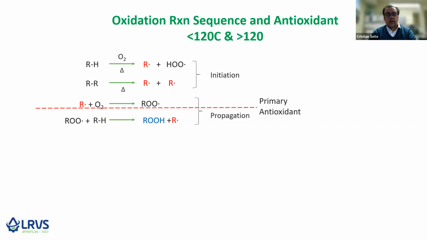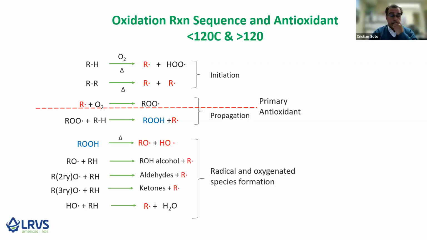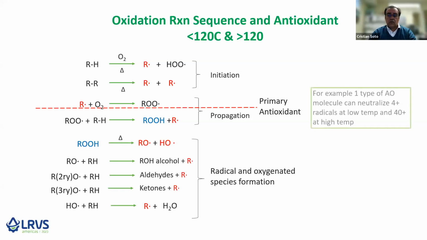Now, upon further heating, once these peroxy radicals are formed, a lot more things can happen, as peroxide itself can decompose into alkoxy and hydroxy radicals, and this can then yield a variety of different reaction products such as alcohols, aldehydes, and ketones. Upon further heating, you will also be able to generate fatty acids at higher temperatures.